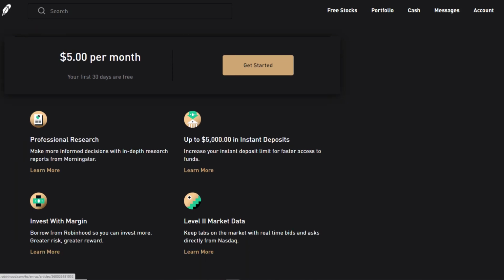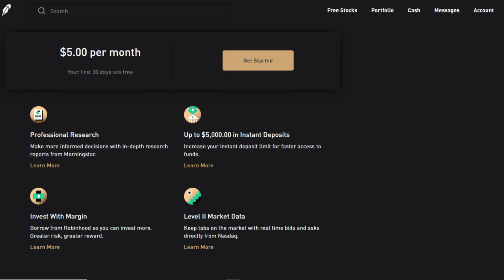So it obviously gives you more availability to in-depth research. So you can see a lot more research through that Level 2 market data. So it's interesting. You get a lot better in terms of statistics. I use a separate website anyway, so it's not necessarily something that benefits me. You can have larger instant deposits, up to $5,000. I don't deposit that much typically.